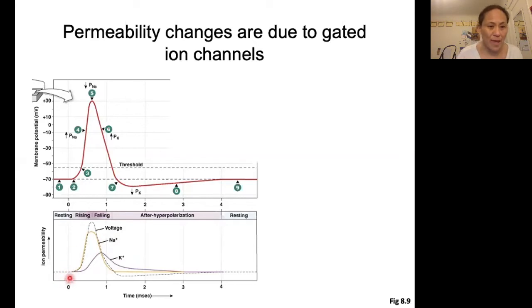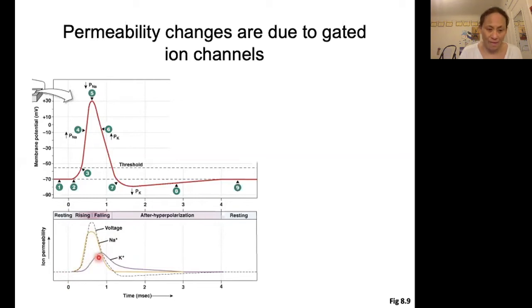So remember that we have our sodium permeability increasing drastically at this point in the action potential, and that's what's responsible for the rising phase of the action potential. And then we have our potassium permeability increasing part way through the action potential.